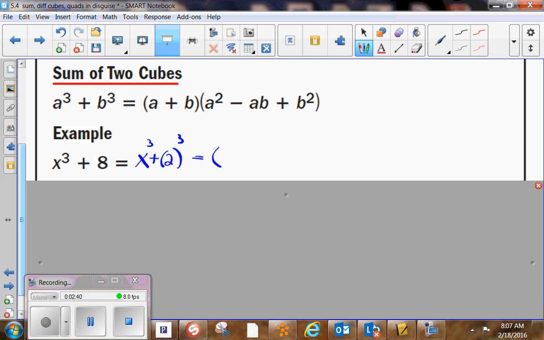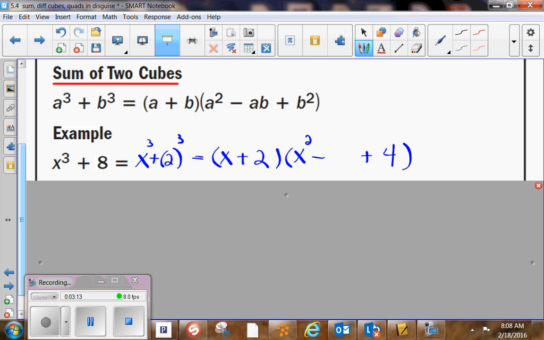So then I'll set up my two parentheses for a binomial and trinomial. I'll SOAP, if you will. So S is the same as the original problem in here. Opposite, always positive. SOAP it there. And then these two numbers will just be the x and the 2. This first number is the x squared. The last number is the 2 squared.